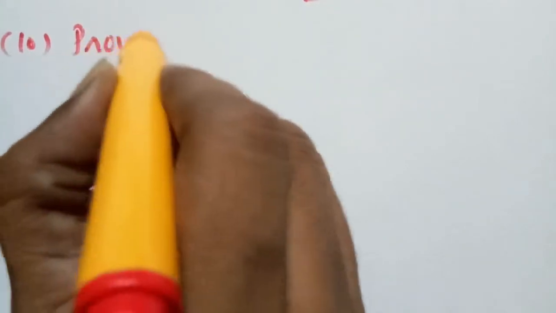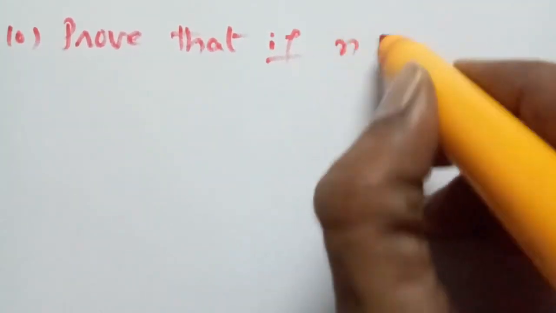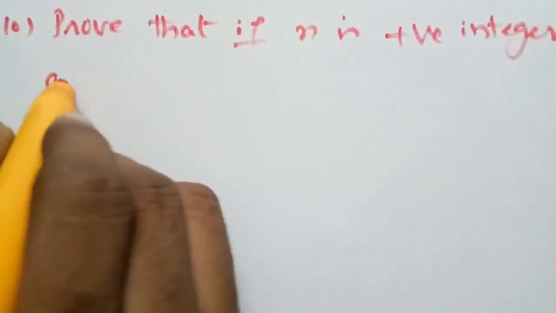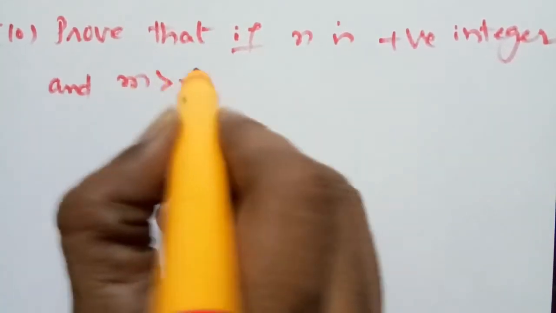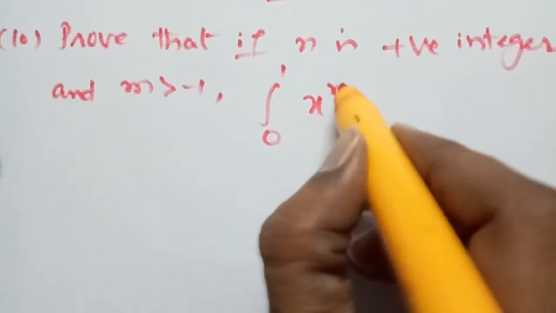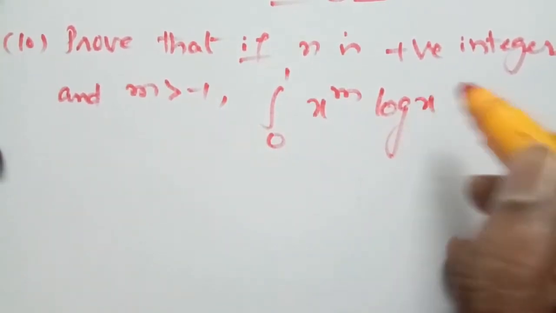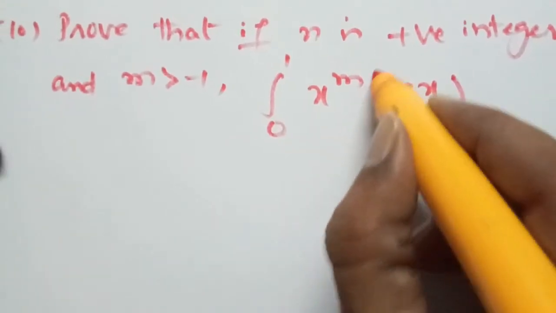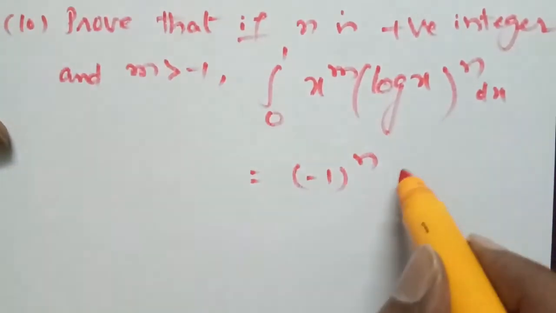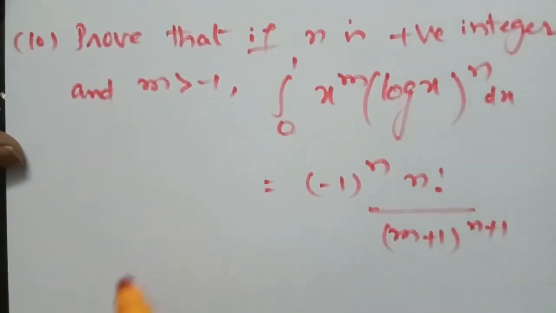Prove that if n is a positive integer and m greater than minus 1, integral 0 to 1 x to the power of m into (log x) whole to the power of n dx is equal to (minus 1) whole to the power of n into n factorial by (m plus 1) whole to the power of n plus 1.